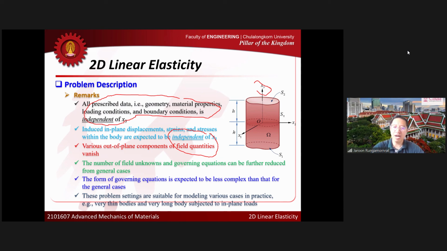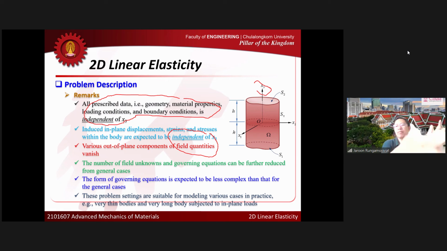So that's why I think this is an important class of problems, and I try to talk about this as part of the material in this class, because I hope that the thing that I show you here will be useful to you in the future, because solving a simplified problem is better than solving the complex problem. If you know that the problem you have to deal with involves a simplified set of data, there is no need to solve the problem in the general context, because it's complicated.